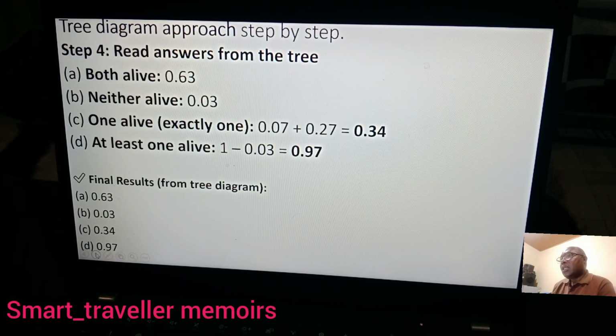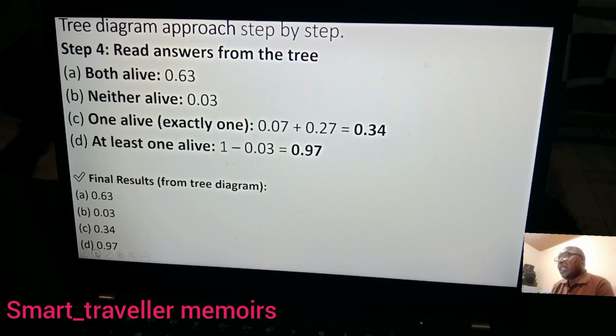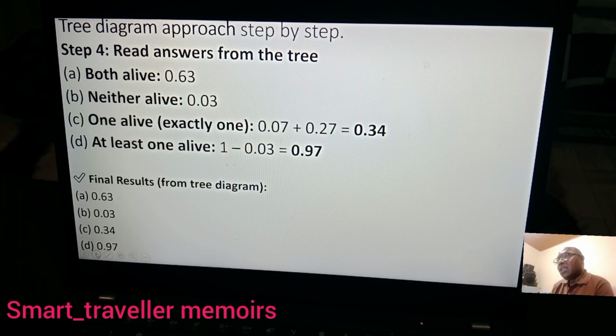So, finally, step 4, you read answers from the tree. Both alive, the answer is 0.63. Neither alive, the answer is 0.03. One alive, exactly one, 0.07 plus 0.27, which is equal to 0.34.